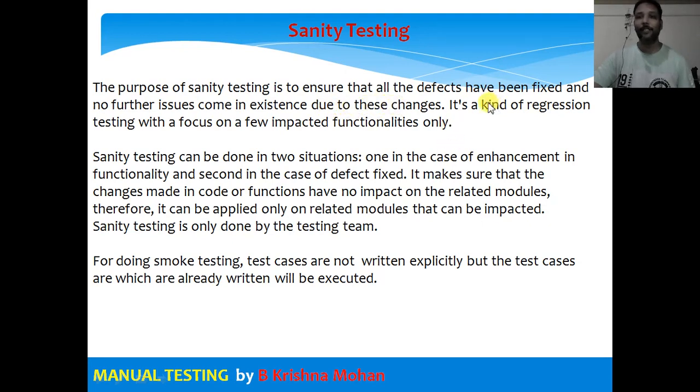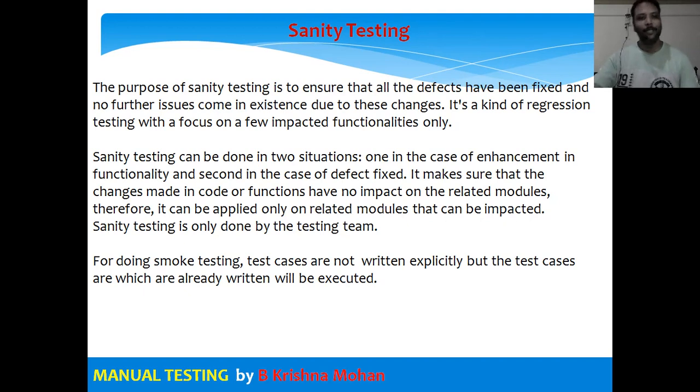This is a kind of regression testing with a focus on a few impacted functionalities only. Why are we calling it regression testing? Because regression testing means executing the past test cases. Here also we are executing past test cases, but not all of them, only the test cases related to the failed functionalities.